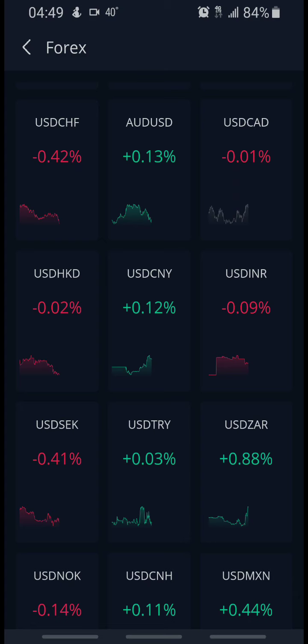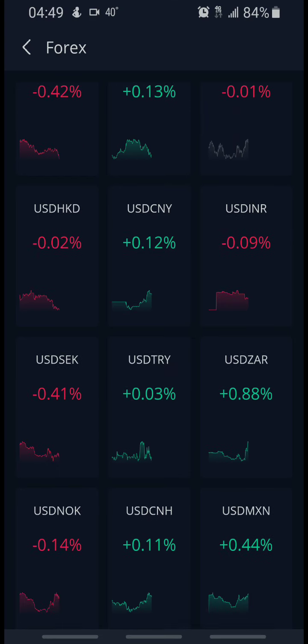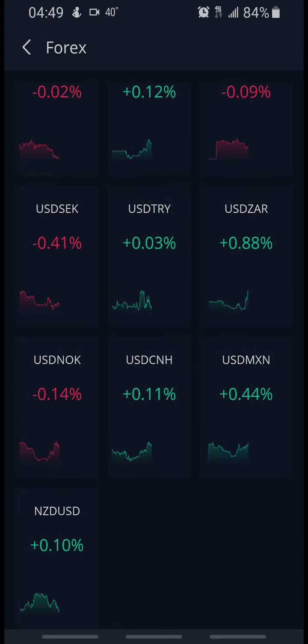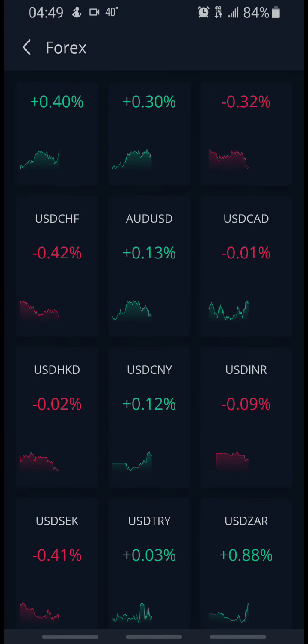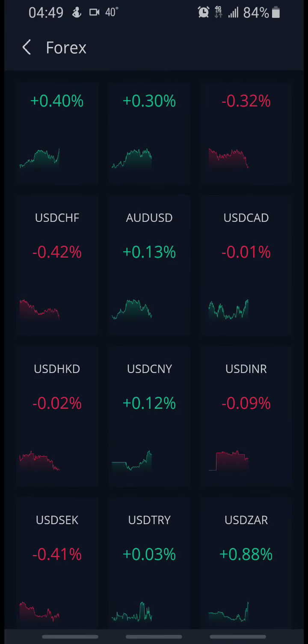Okay, so we have 6 currencies currently losing momentum against the dollar. And we have 7, 8, 9 that are currently gaining against the dollar.